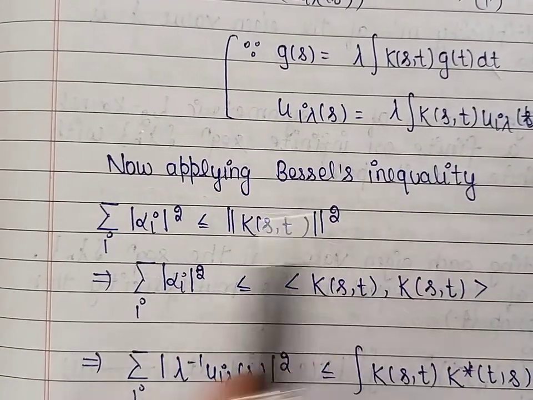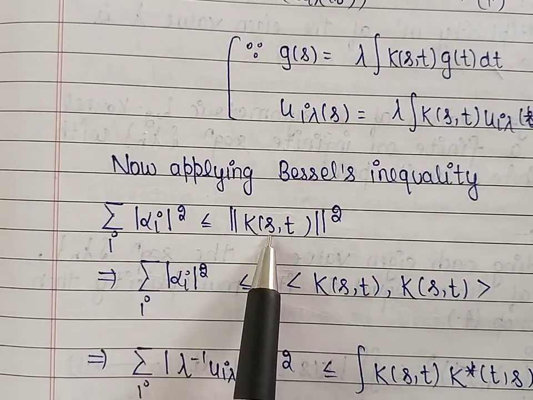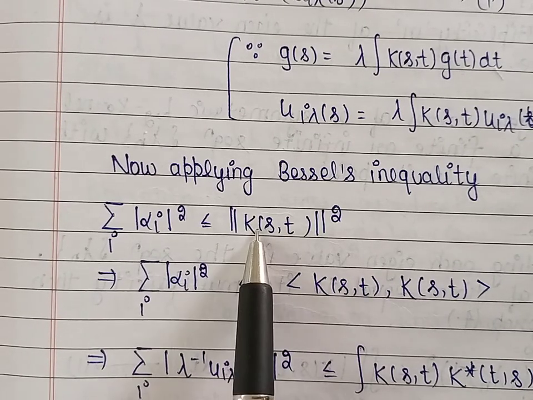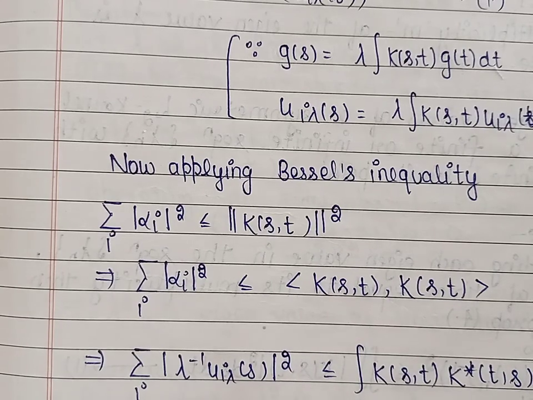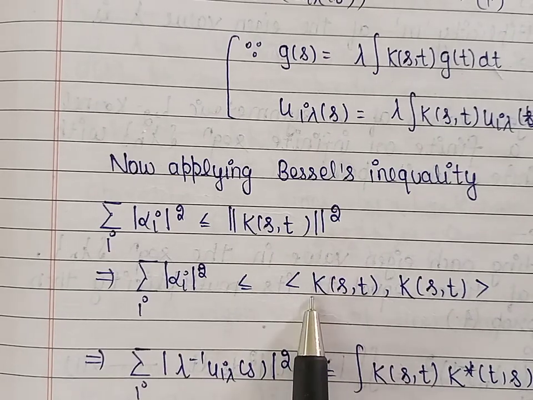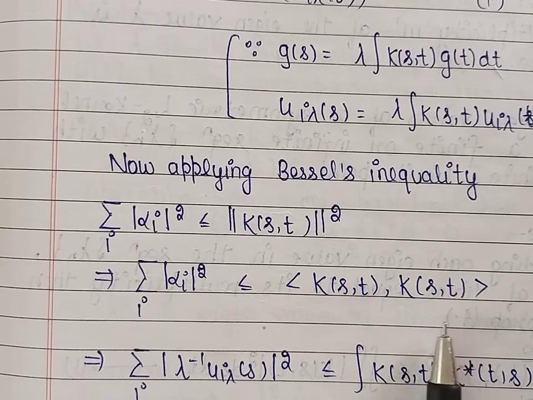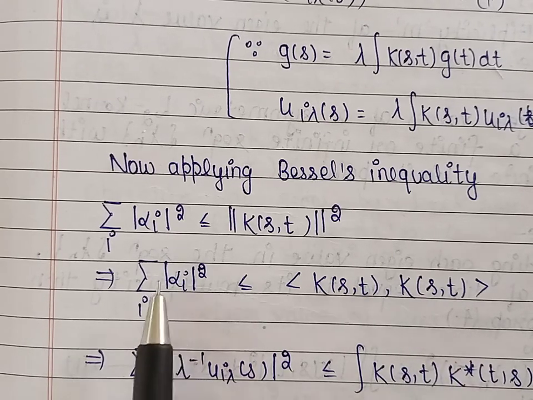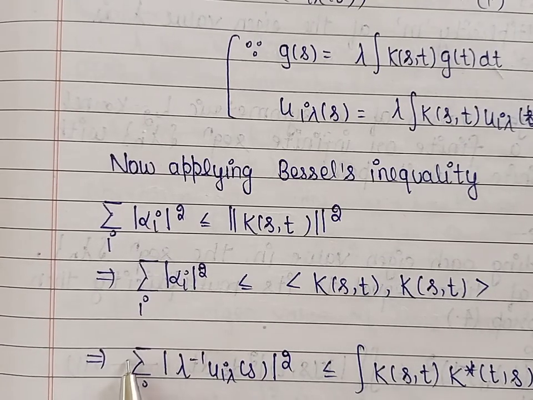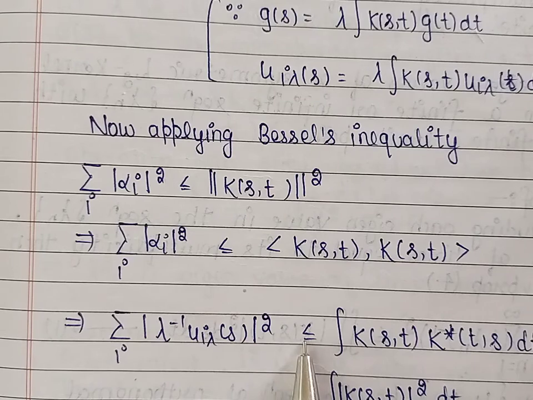By Bessel's inequality we have summation of alpha i mod square is less than or equal to the norm square of k(s,t). Now by the definition of norm, the square root of the inner product of the function with itself, here the function is k(s,t), so the norm square of k(s,t) means the inner product of the function k(s,t) with itself. Now from equation 1, substituting the value of the Fourier coefficients alpha i here, the inequality becomes summation over all i of lambda inverse ui lambda mod square is less than or equal to the following.